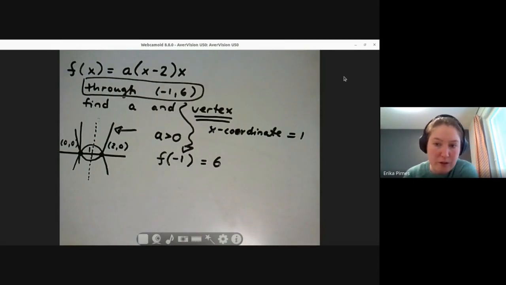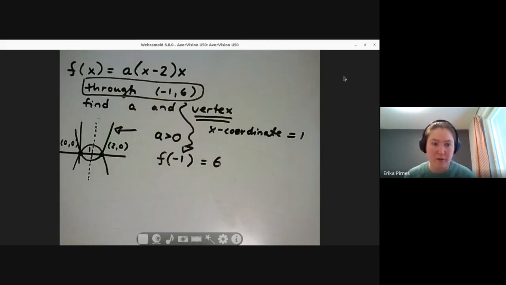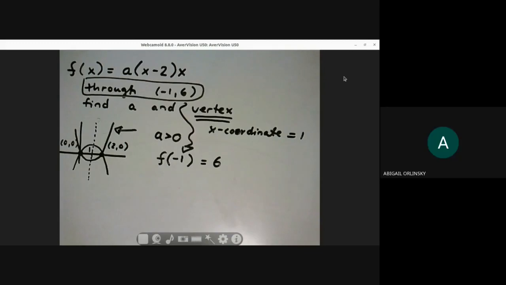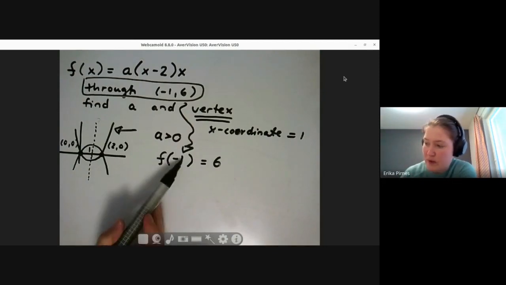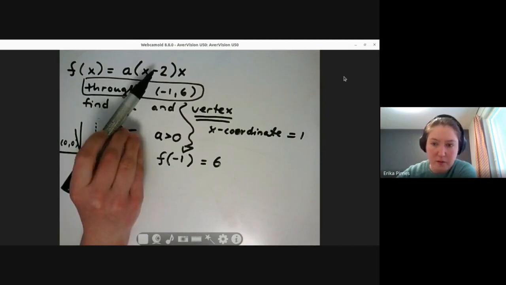So now can we use that information somehow? We have a formula for f. So we plot y equals 6. Not really plot, but we can plug in -1 into here, right? Yeah.